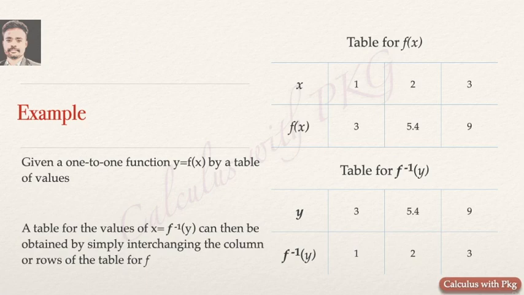As I have just told in the previous slide, the domain of f inverse is the range of the original function f of x. So here the domain is the y values, which is the same as the range of the function f of x, which will be 3, 5.4 and 9, and the range of f inverse will be the same as the domain of the function f of x, which will be 1, 2 and 3.